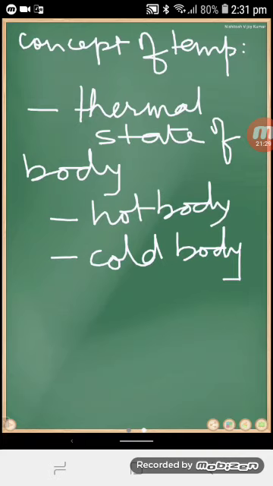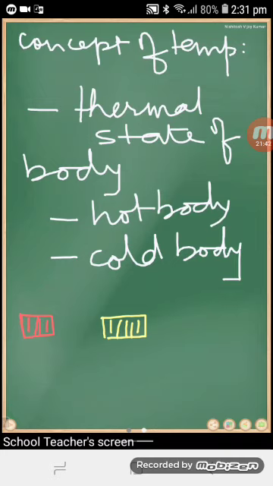I take this red body, then I take this yellow, and then I take this white. From the color, red is hot, yellow is in between, and white is the least.